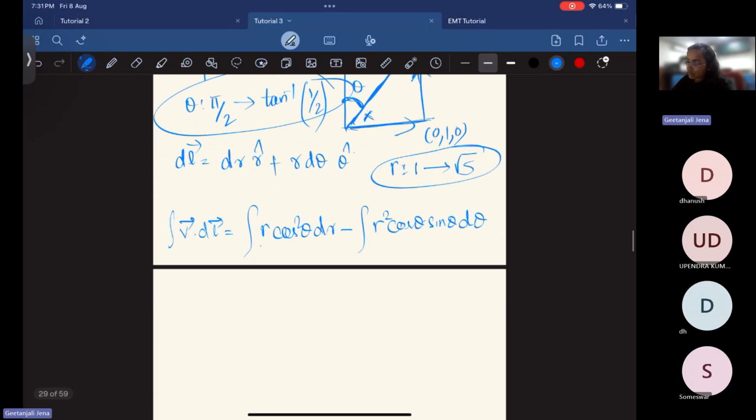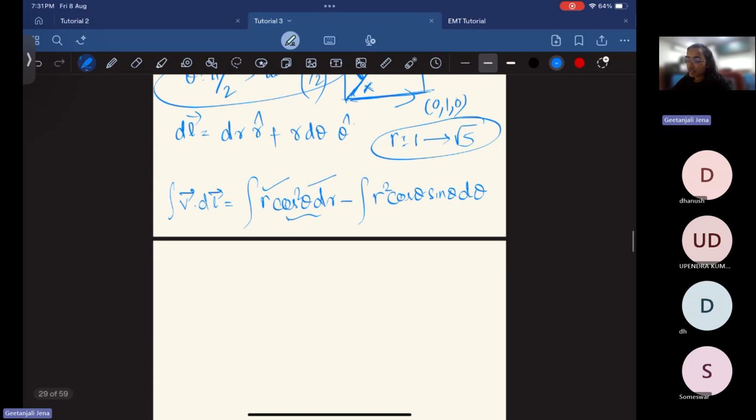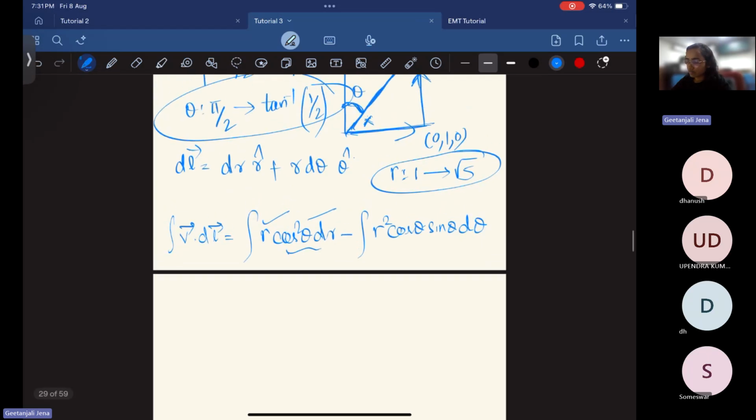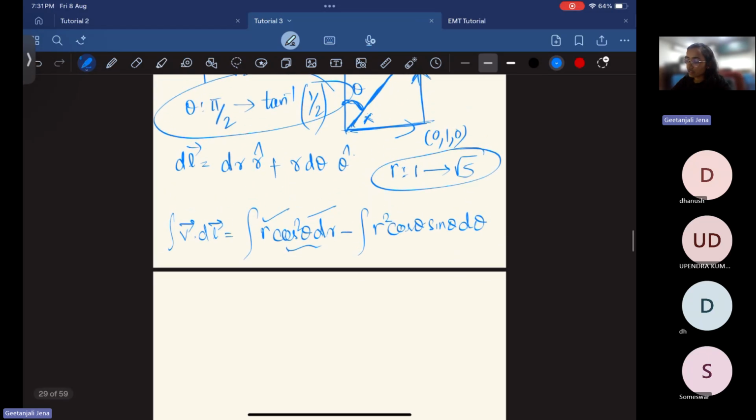You can see here both r and theta are changing. You need to express the integration only in terms of one variable. Otherwise, you won't be able to calculate the integration. So either you have to express r in terms of theta or theta in terms of r. Both are equivalent to each other.